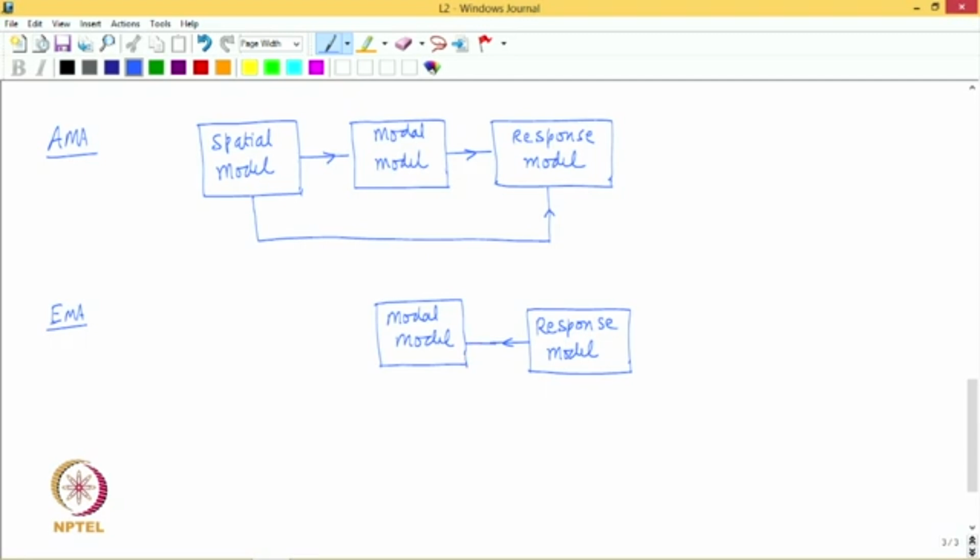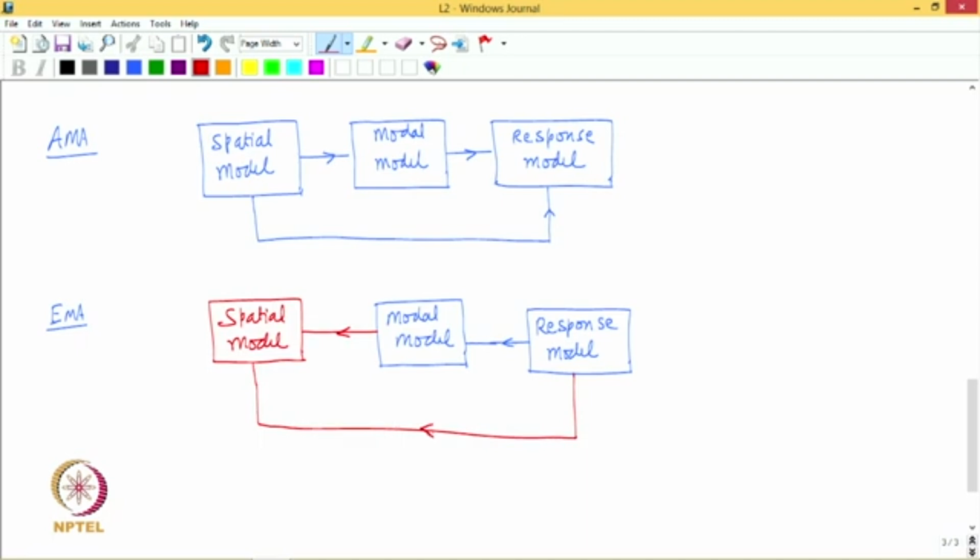So, theoretically speaking, it should be possible to obtain the spatial model from the modal or the response model, right.